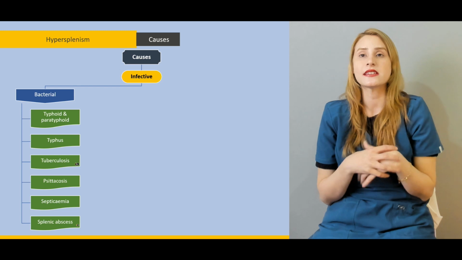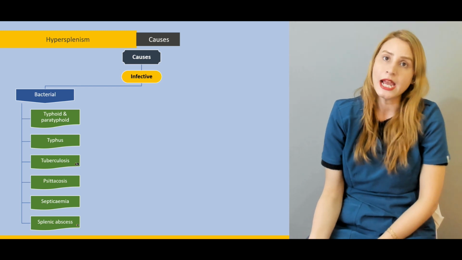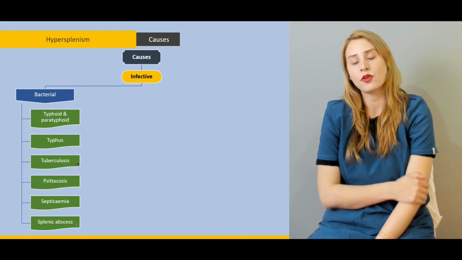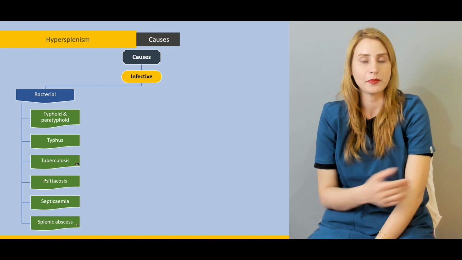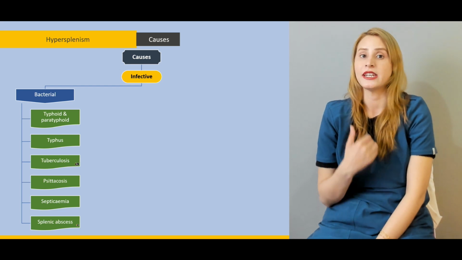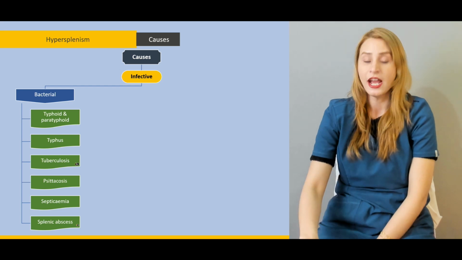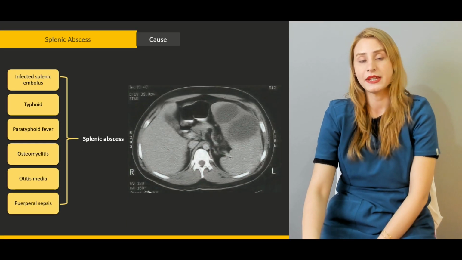Because of this auto-destruction there is hyper-functioning of the spleen, because the megakaryocytes, platelets and RBCs all come to the spleen, and because of the over-functioning there can be splenic enlargement or a splenic abscess.